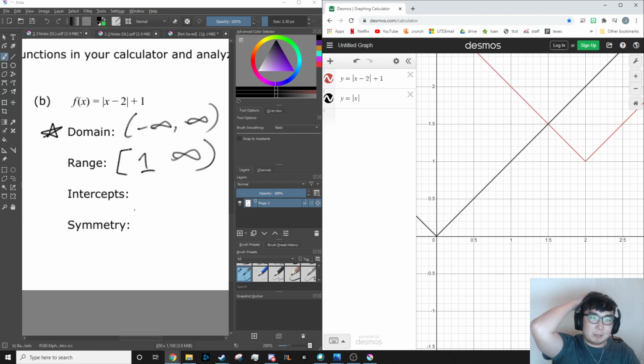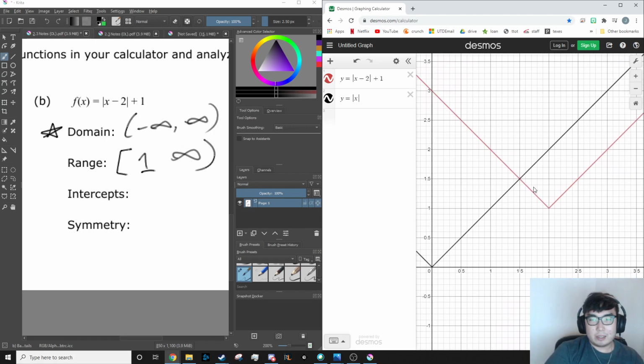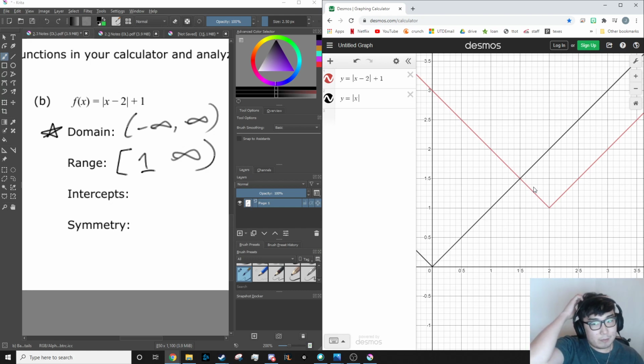Your intercepts: what's weird about this graph right here? Do you know if you have intercepts? Yeah, I noticed that I have this intercept right here, 0, 3. Oh, there it is, 0, 3.